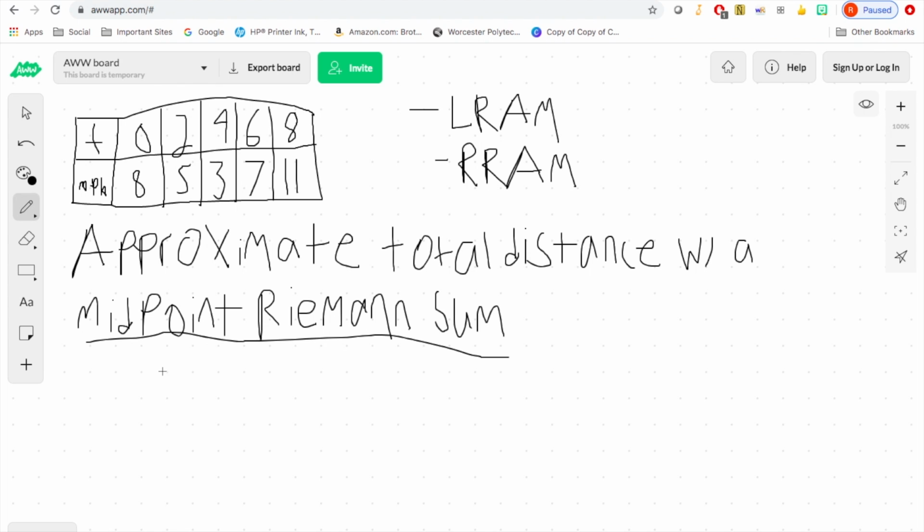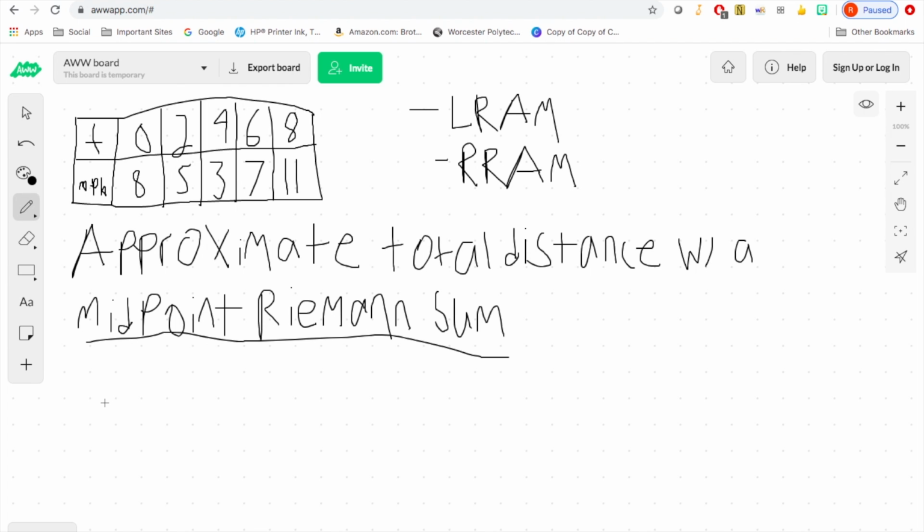You might be tempted to use 4 subintervals for this, 0 to 2, 2 to 4, etc. But in this case, we're actually only going to use 2 subintervals of length 4 rather than 4 subintervals of length 2. And I actually could not do it with 4 subintervals of length 2. You'll see why in just a second. So let me start working on my 2 subintervals of length 4.